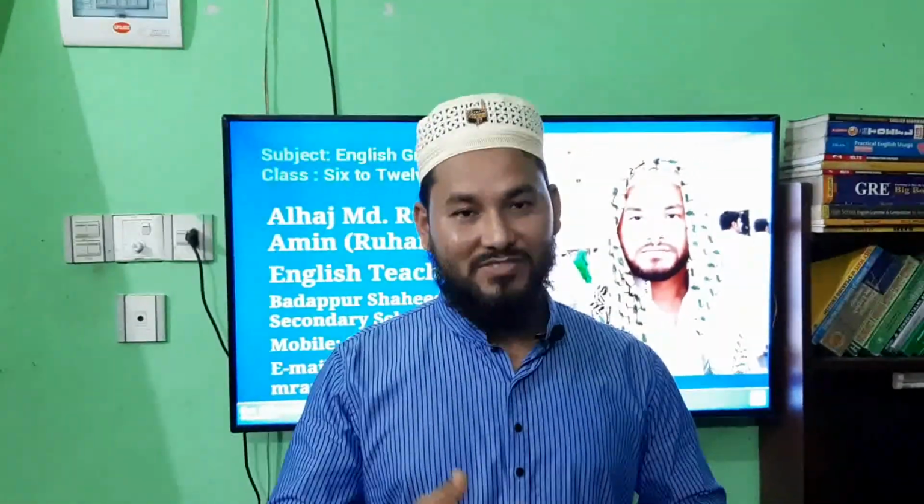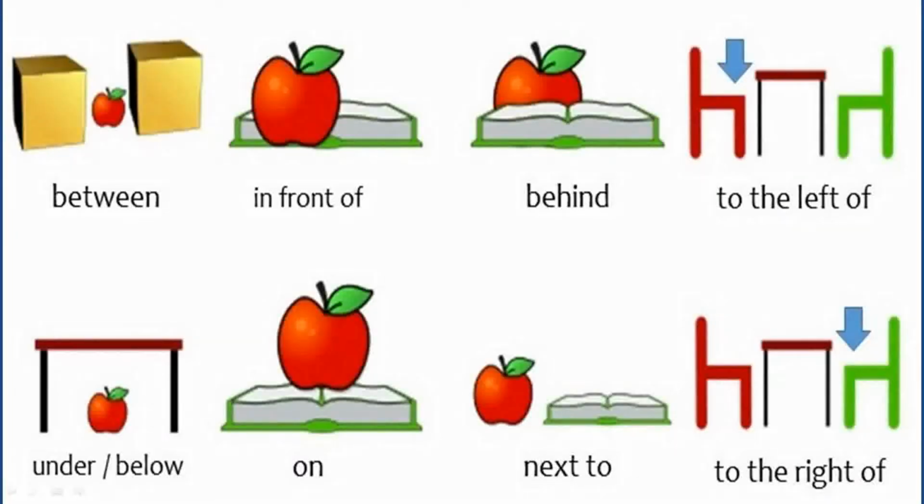So, let's start. Dear students, what do you see in the picture? There are some people, but their position is not the same. At first, we see an apple between two boxes, next in front of a book, next behind a book.